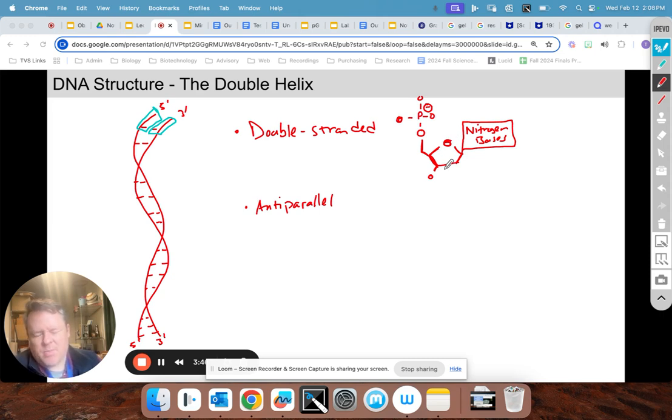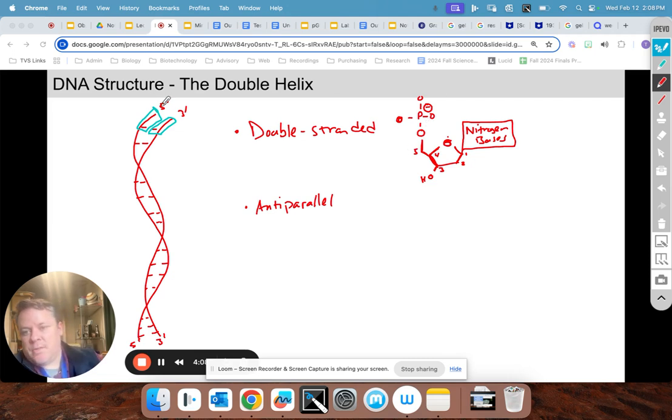Since it's the center of the molecule, I'm going to put an H right there. We can use it to reference direction. On a clock, if the oxygen is midnight, then this is the first carbon, this is the second carbon, this is the third carbon, this is the fourth carbon, and then this angle is the 5th carbon that the oxygen is attached to.